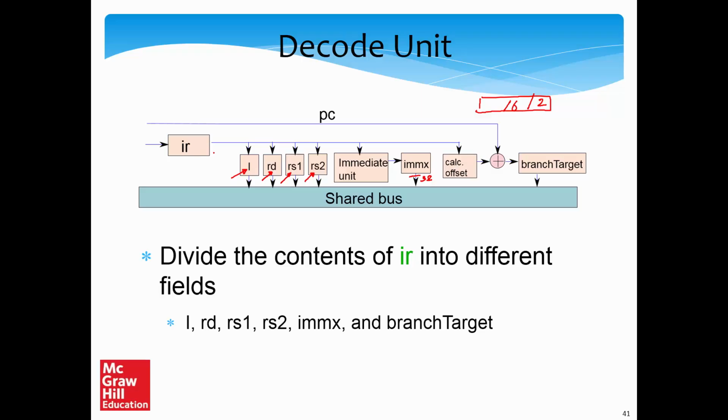So if an instruction is not a branch, this micro register will contain junk. But nevertheless, in the interest of time and performance, it's a good idea to compute things in advance just in case they are required. So to compute the branch target, what do we do? We extract the offset part from the instruction register, add it to the current PC, and we get the branch target. So we also compute this.